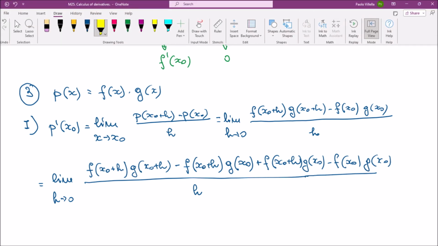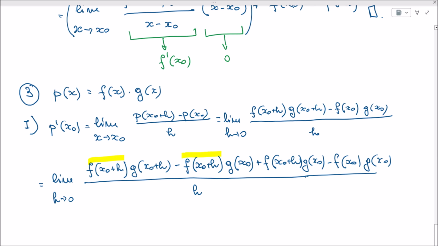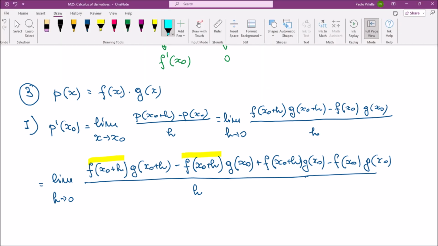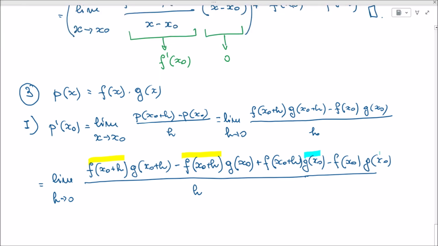What I've done introducing this mixed term, you see that between the first two terms I have this common factor, and if I factor out f of x naught plus h, I'm left with the difference ratio for the function g. Similarly, on the other two terms, I have this g of x naught in common that can be factored out and will leave me with the difference ratio for f. So let's do this.